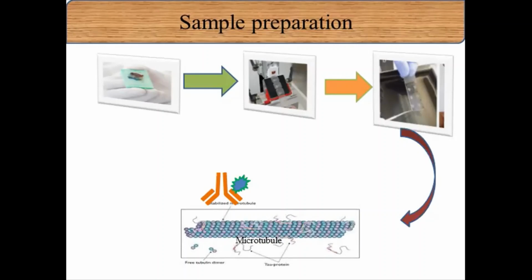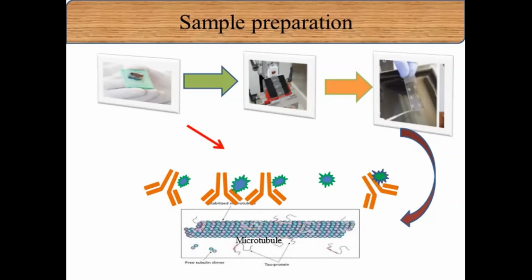During the incubation period, you can see here, these antibodies bind to microtubules in the cell like this. Many antibodies remain unbound, and these can be removed by washing the slide with the help of buffer.